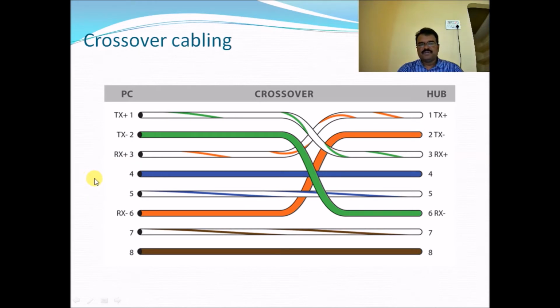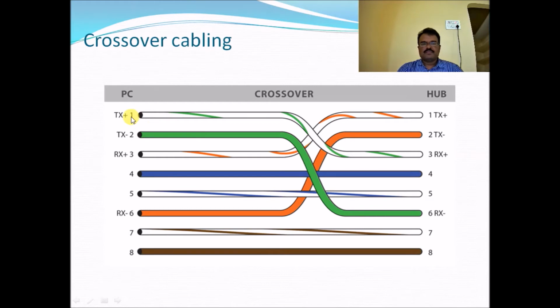And the remaining pins 4, 5, 7 and 8 are connected the same way: 4 to 4, 5 to 5, 7 to 7 and 8 to 8. This is called crossover. Here we are crossing the connectivity.